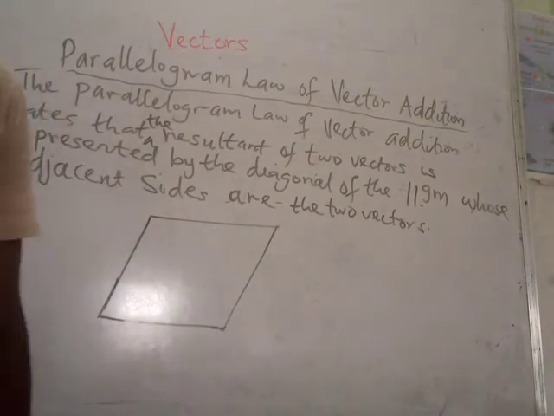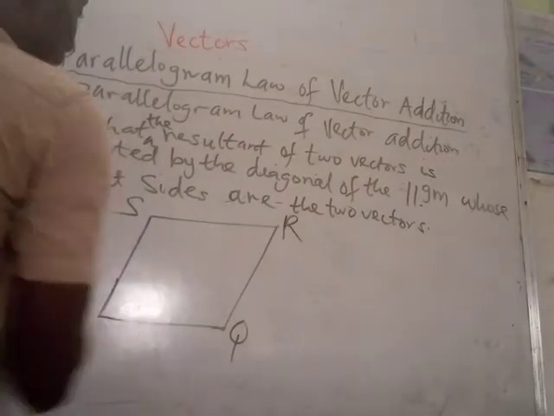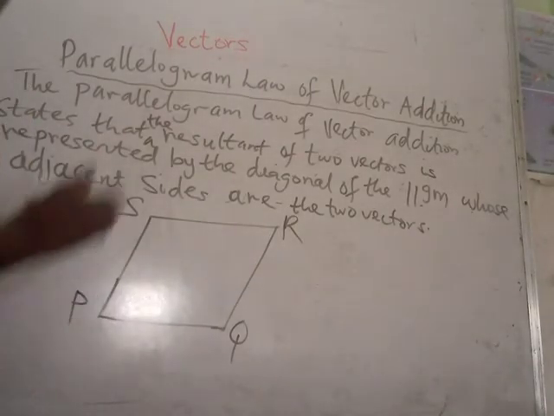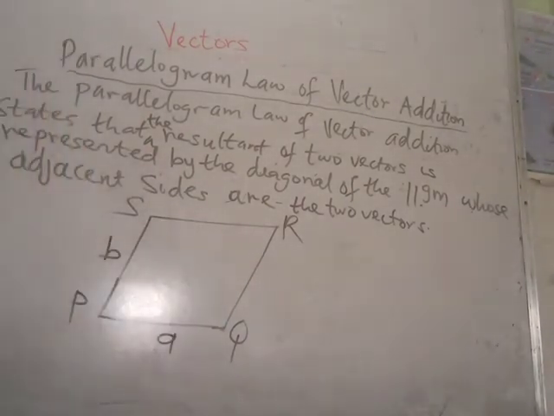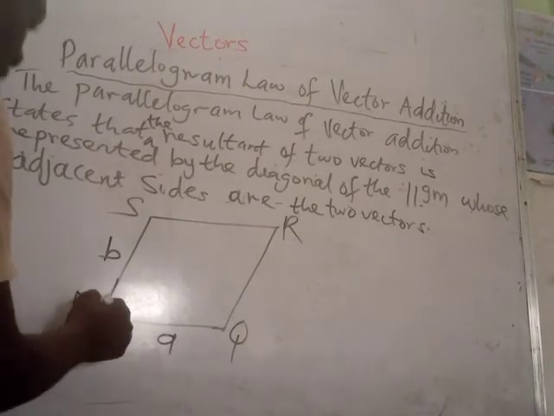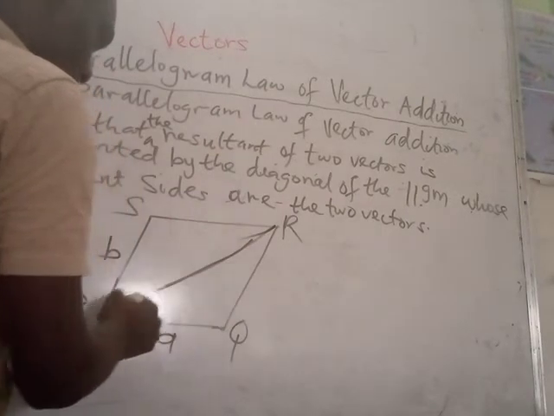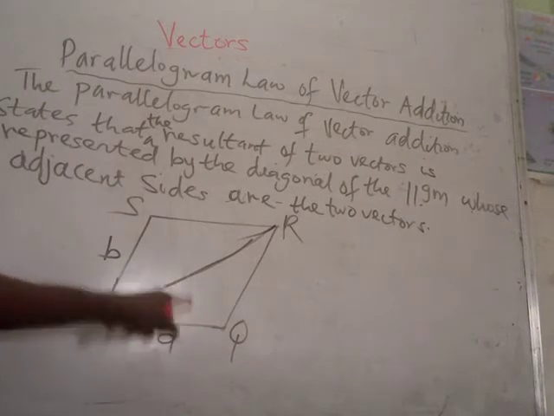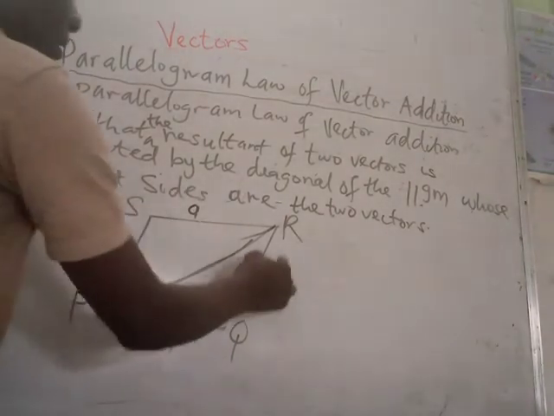Let's call it P, Q, R, S. In this parallelogram, if the adjacent sides represent vectors A and B, the diagonal drawn from the common point of the vectors will represent the resultant of these two vectors. The opposite sides of a parallelogram are equal, so this is A and this side is also B.